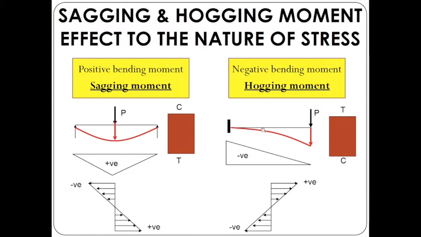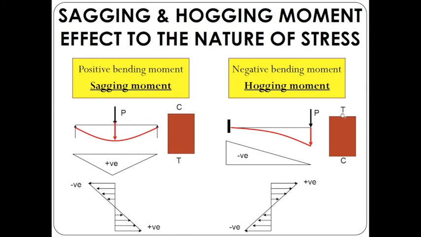As you can see from this red line, this beam actually bends upwards, right? So when it bends upwards, the top part will be subjected to tension and the bottom part will be subjected to compression, right? That is why we have two different conditions here. This is for the sagging moment and this is for the hogging moment, right?